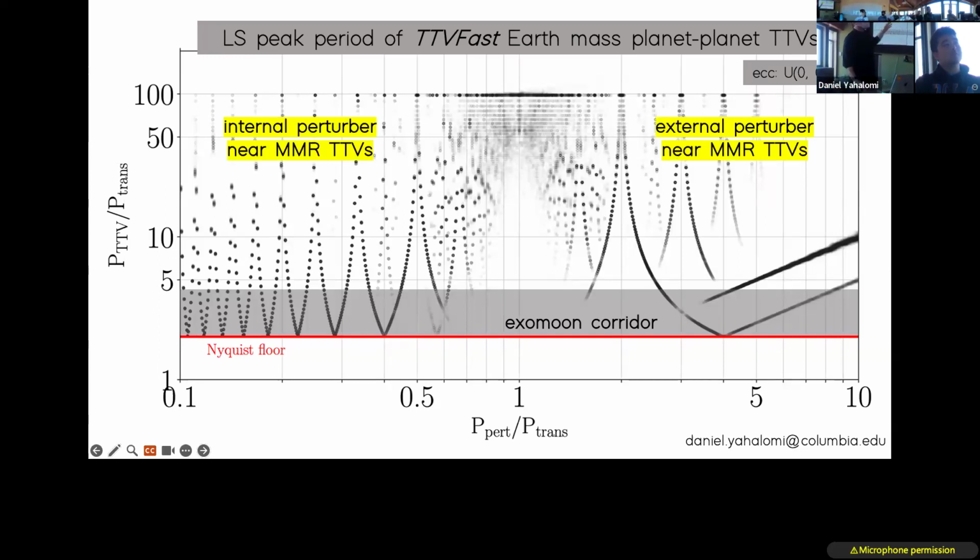On the inside and the outside, you have the circus tents from the internal and external perturber near mean motion resonances. And then in here, you have this kind of chaotic region. What's happening there is as you approach a period ratio of 1, mean motion resonances become so close to each other that they start to overlap.